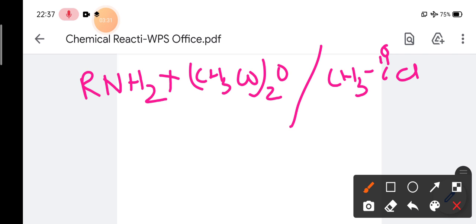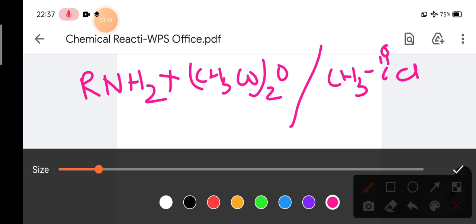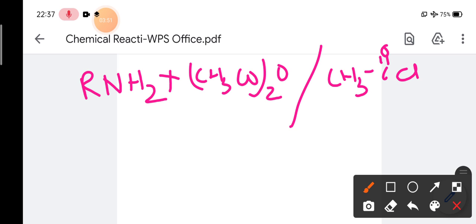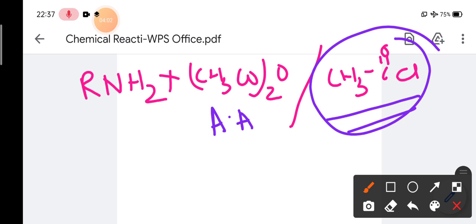When we add acid anhydride or acetyl chloride with an amine, that is RNH2 or R2NH or R3N, it will undergo an acylation reaction. But in India, this acid anhydride is banned for certain reasons, so we will use only acid chloride or acetyl chloride.